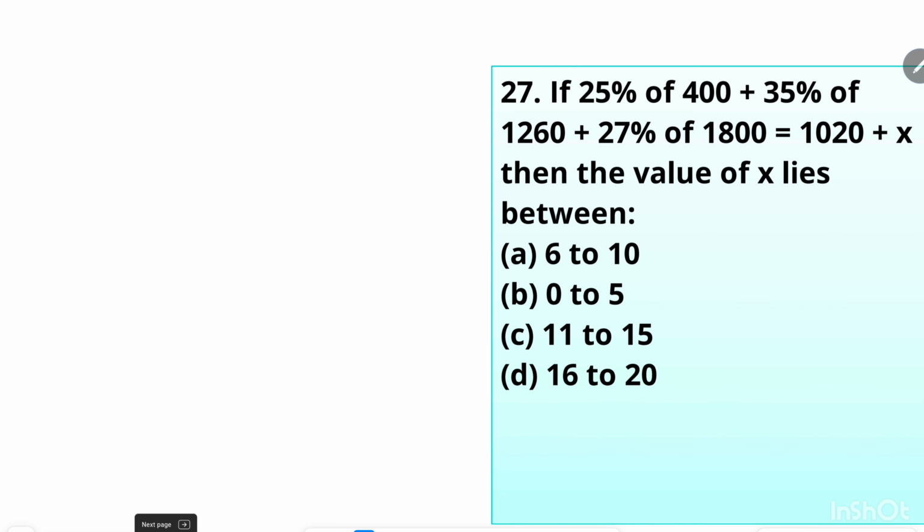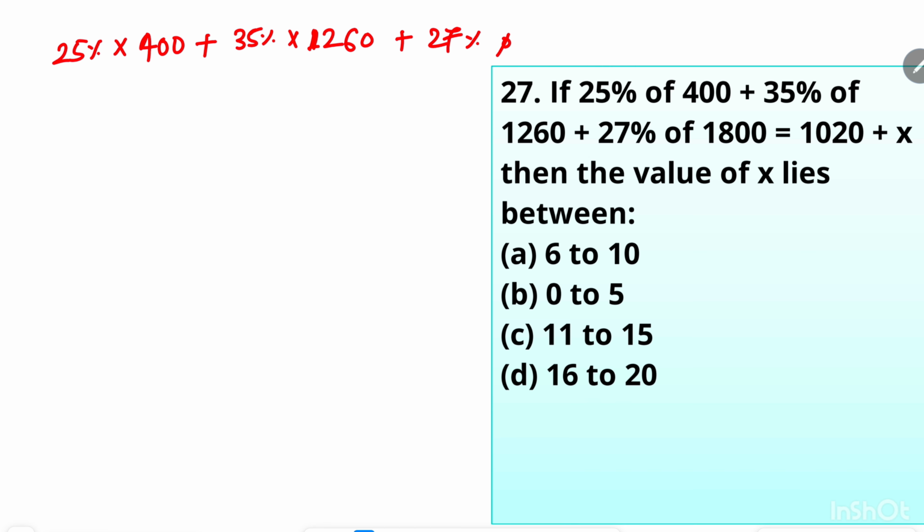Now question number 27. This is a very simple and easy question. If 25% of 400 plus 35% of 1260 plus 27% of 1800 is equal to 1020 plus x, then what will be the value of x?